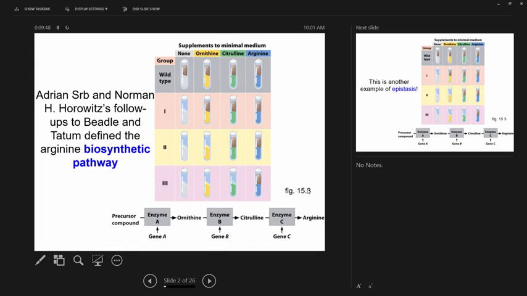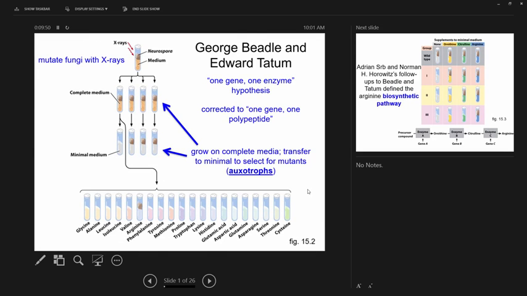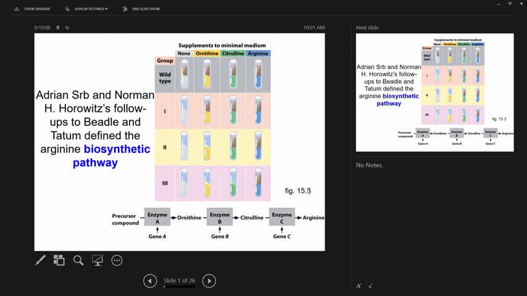So every one of their mutants were just like this one. They can grow on complete medium when you give them all the amino acids. If you're missing all the amino acids, they can't grow. And if you supply only arginine but none of the other ones, they can grow on that too, meaning that they are a mutant for arginine.